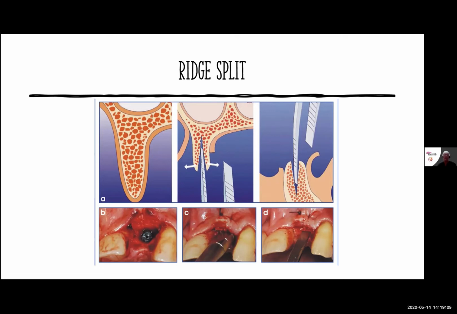You may get a little bit of movement to the lingual, but the majority of movement that needs to happen with a ridge split is to the facial surface. Splitting the ridge, dividing it, and then separating or expanding that ridge is part of the ridge split technique that is used. And that is a predictable technique and is one that I have used a lot too.